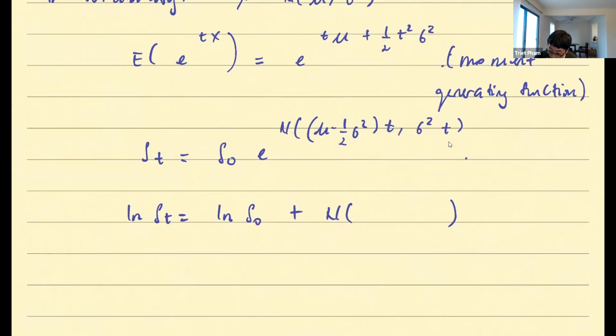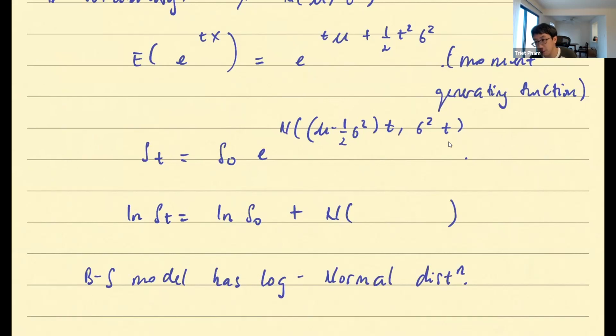So one thing you hear over and over again is that the Black-Scholes model has log normal distribution, or the stock price has log normal distribution. Maybe they don't even mention the word Black-Scholes, but when they say the stock price has log normal distribution, you immediately know they refer to something like a Black-Scholes model.